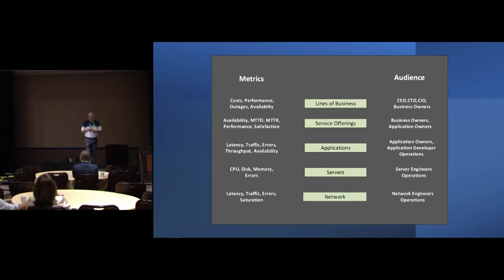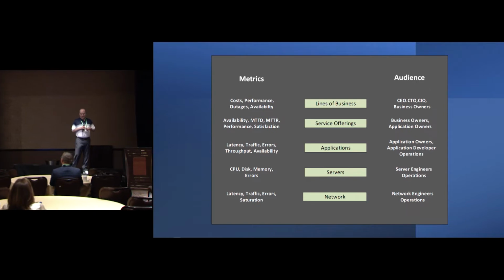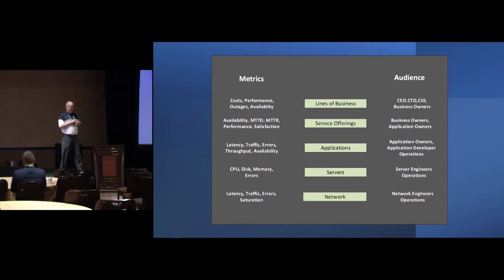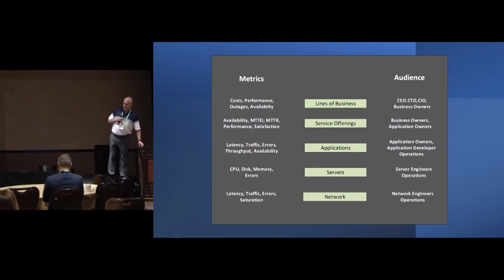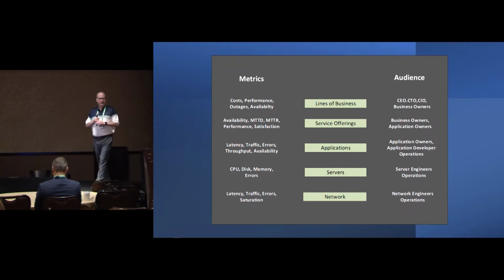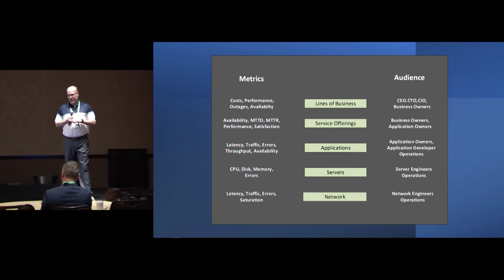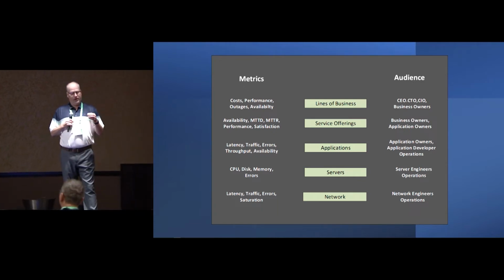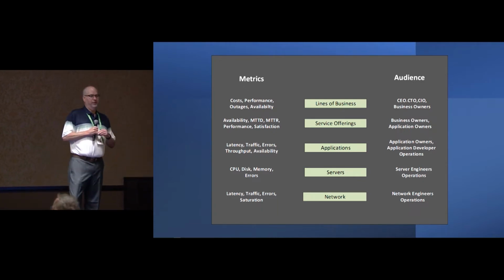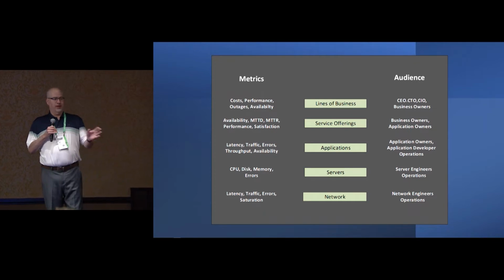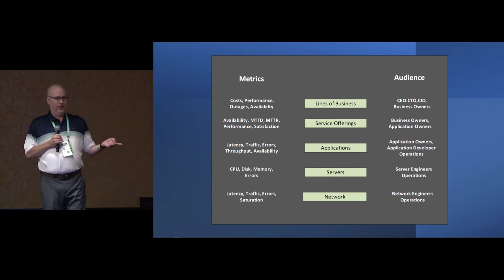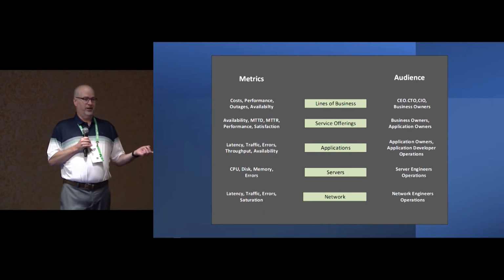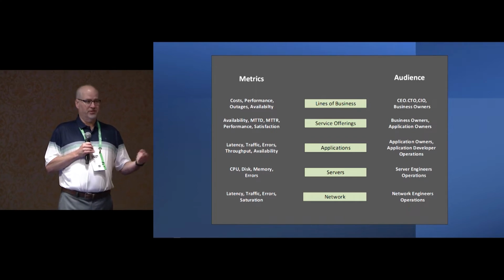So we're going to talk a little bit about audiences and metrics. And I actually wrote this slide about 25 years ago. And I've changed it every once in a while just to update the different types of metrics that are out there. But lines of business, service offerings, applications, servers, network. Those are silos in a lot of places, but you can't have an environment today without having servers on a network.